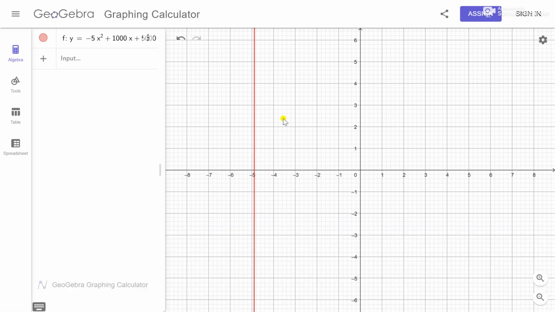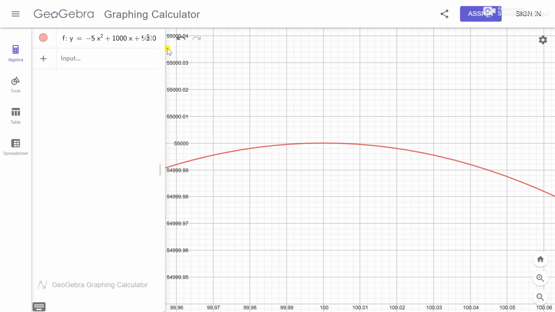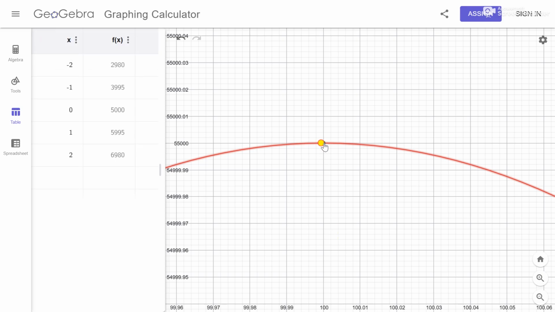So let's see if it will zoom to fit for us. And can we make a table? Sure, whatever. And look at that. There's our extremum right there, which is our answer. The dollar amount that should be spent on marketing to achieve the maximum profit is $55,000. I wish I was dealing with that kind of money in my life, that I could just throw around.